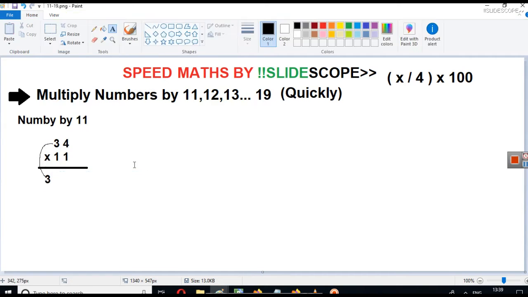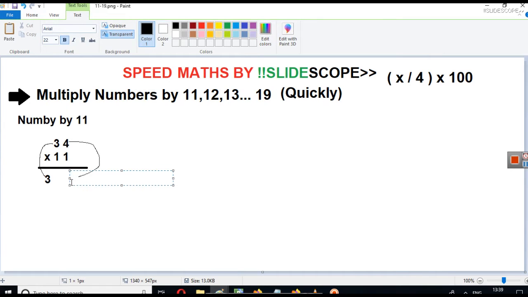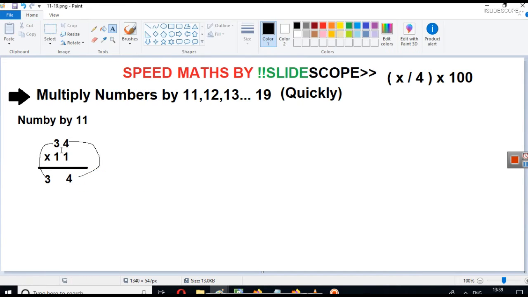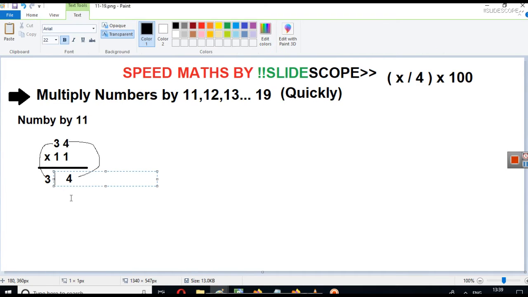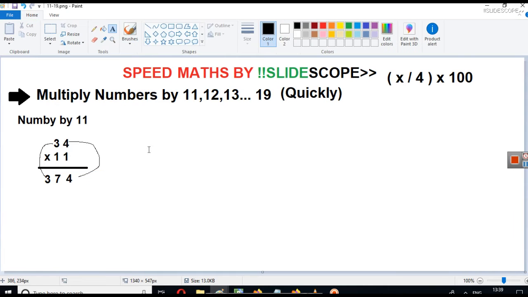Our number is 3, and in the last position write this number 4, and then simply add these two numbers. The addition is 7, because 3 plus 4 is 7, and then this is your answer. So see how simple it is.